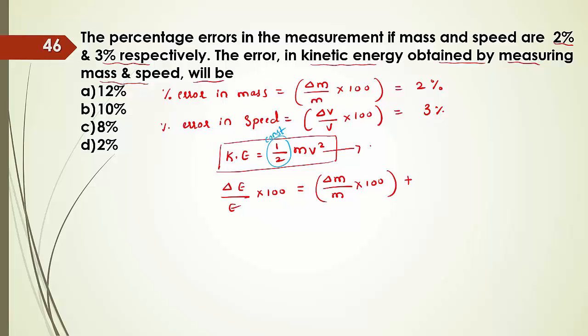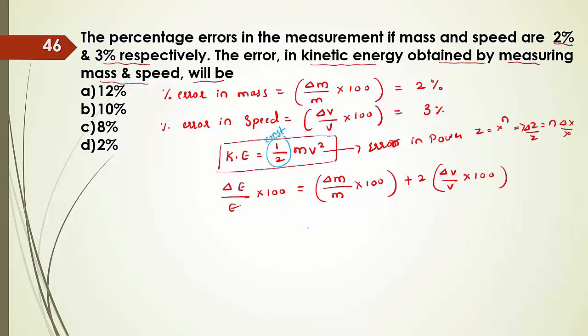V square means error in power. How to write the equation for error in power? You can remember z equal to x raised to n gives delta z over z equal to n into delta x over x. This formula you can remember. So we can write 2 into delta v over v into 100.